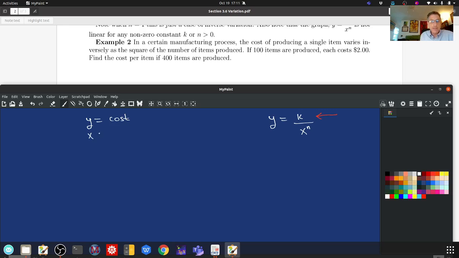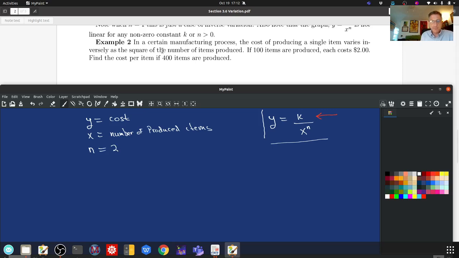And our x is going to be equal to the number of produced items. So what is our exponent? Notice it says the cost varies inversely, so I know I should be using this type of formula. Well, it says as the square, so our exponent n is equal to 2.